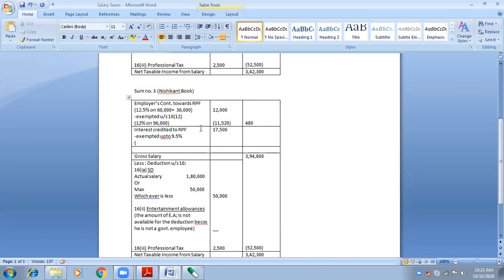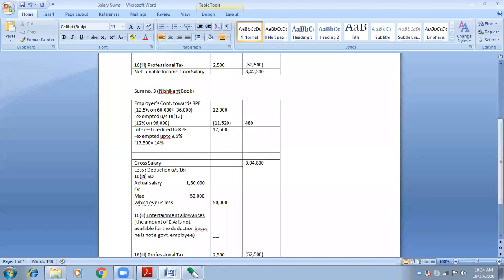Look at this point very clearly. 17,500 is equal to 14%. It is given in the question that 17,500 is the same as 14%. So if this is 14%, then what would be my 9.5% which is exempted?